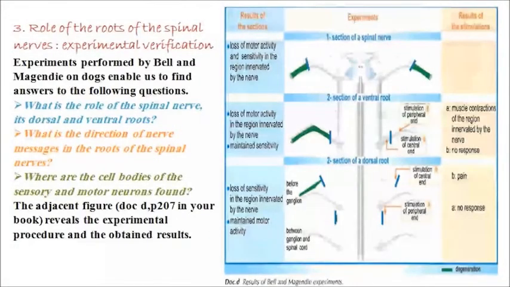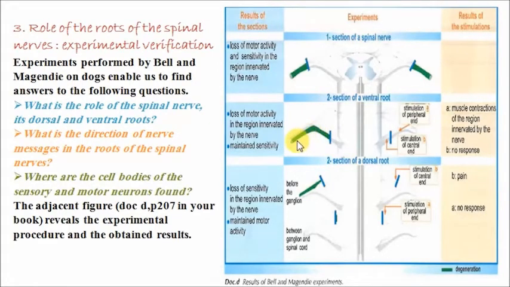Next, we are going to have a look at the result of the degeneration experiment when the ventral root was sectioned. That is here. When the ventral root here was sectioned, it was observed that we have a degeneration of the root that was cut away from the spinal cord, and a degeneration of part of the spinal nerve.